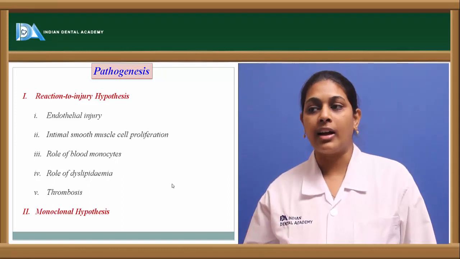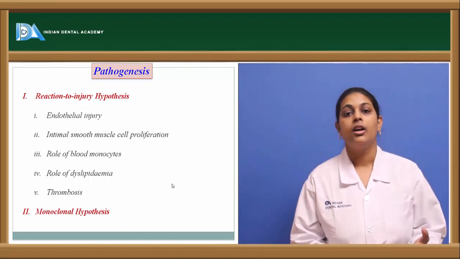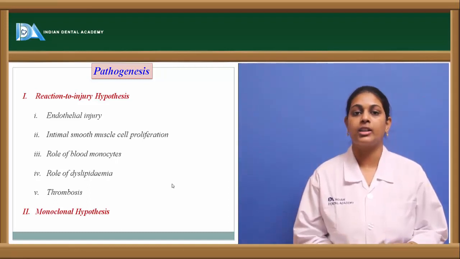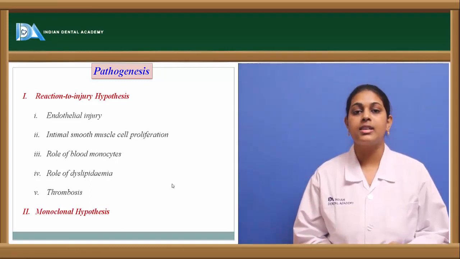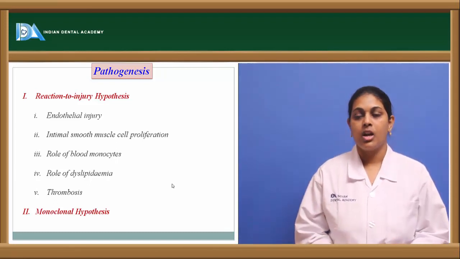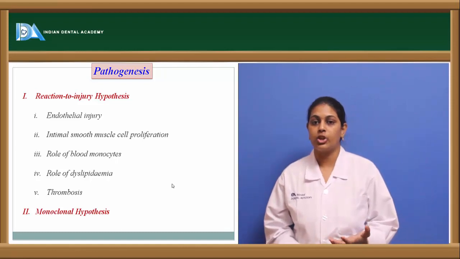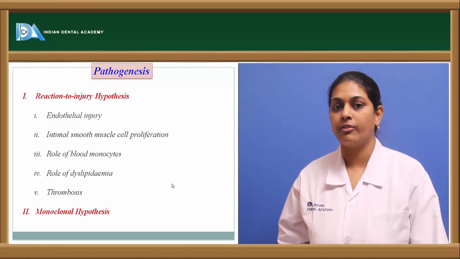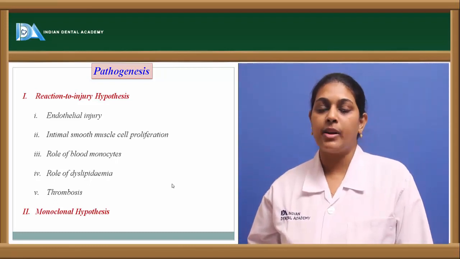They proliferate. This proliferation is brought about by the platelet derived growth factors, as well as certain other growth factors and adhesion molecules derived from the inflammatory cells. Once there is proliferation of these smooth muscle cells, there will be activation of the blood monocytes.